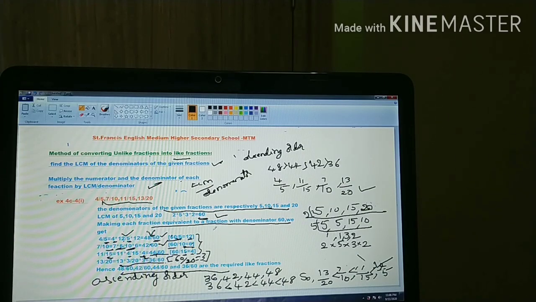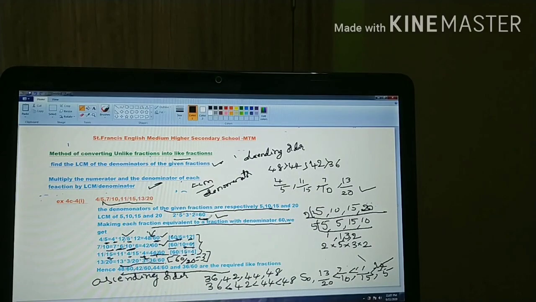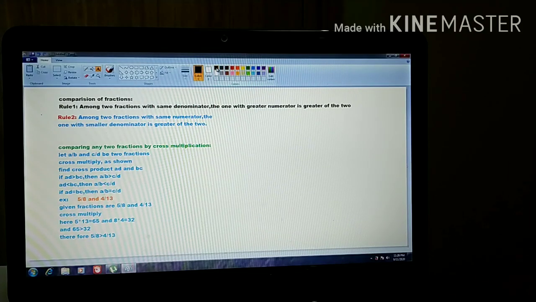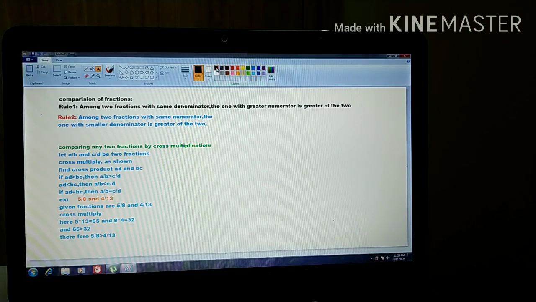Next, conversion of mixed fractions. Next, see this one, comparison of fractions. How to compare fractions? First, see these rules.